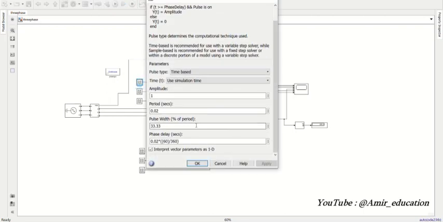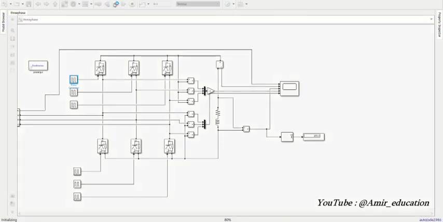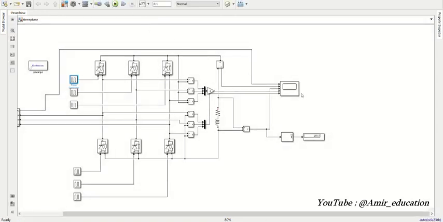So we don't need to change anything else. Our firing angle alpha is 60 degrees, and let's see what happens here.